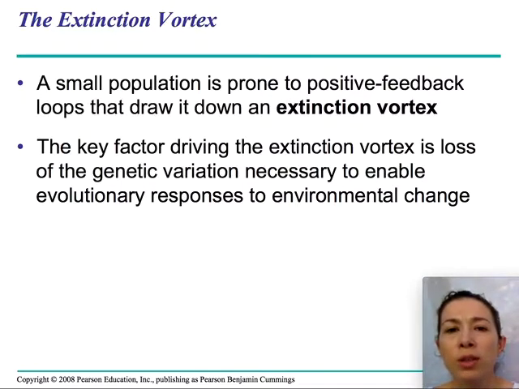So when we saw those moose and they had that exponential growth, they overshot the availability of resources, and then their population dropped so dramatically that they couldn't recover because there just wasn't enough food or individuals to reproduce to save that population. So when that happens, we call that an extinction vortex.